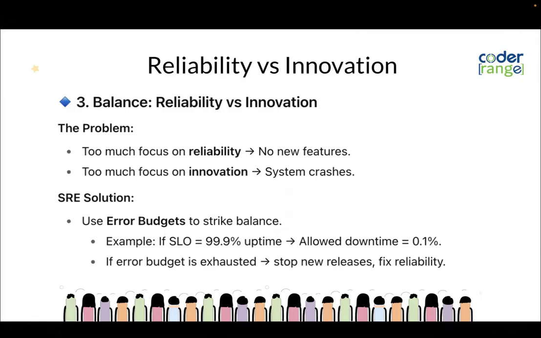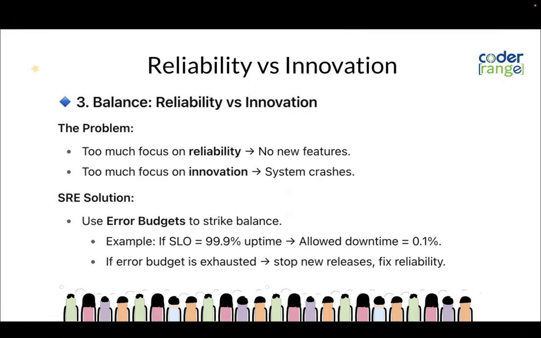So we always want to check the 99.9% uptime, and the allowed downtime is 0.1%. If your system is always at 99.9% uptime, that's a very important sign of your system's greatness. So how do you ensure that 99.9% uptime?